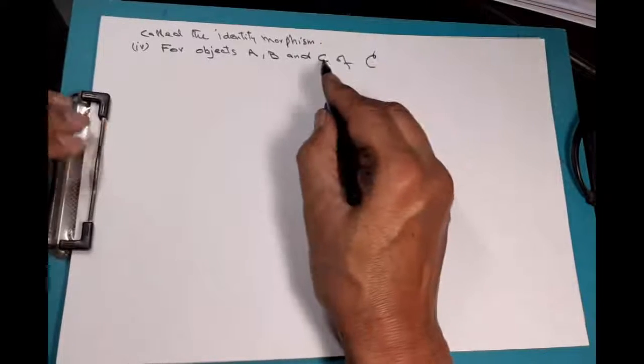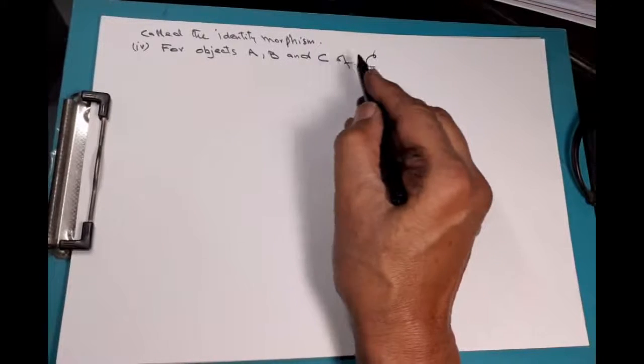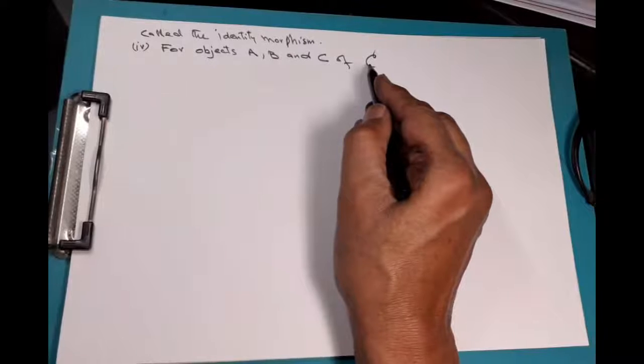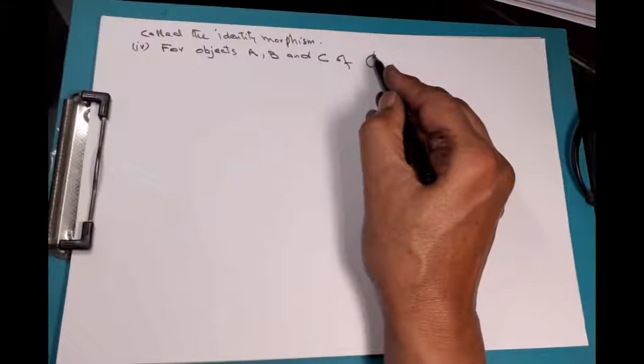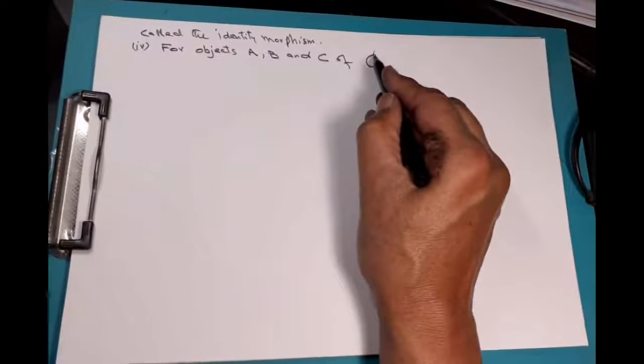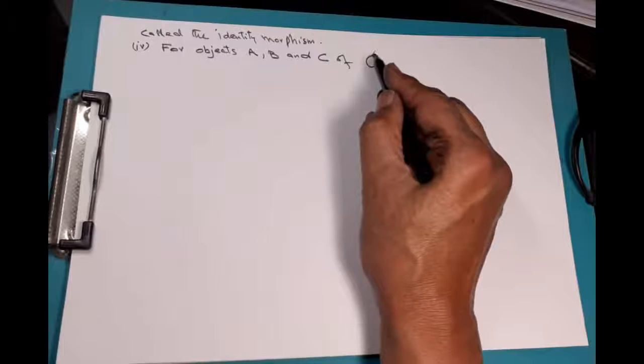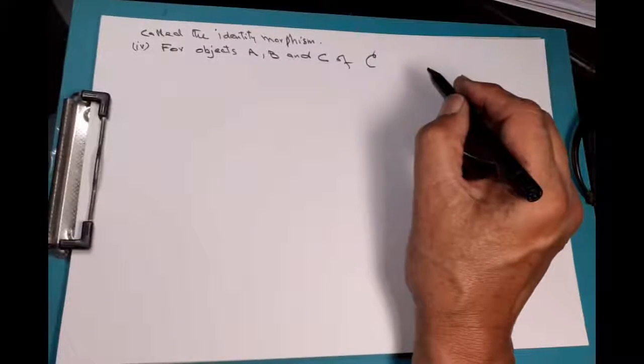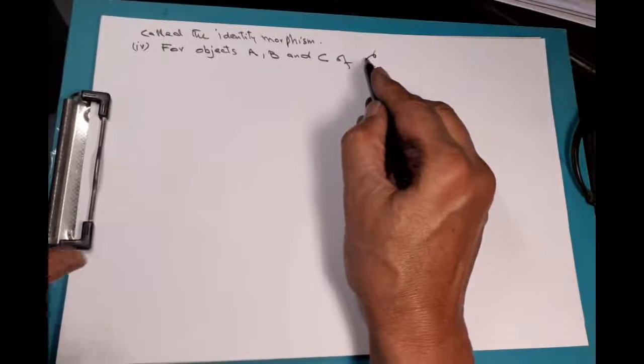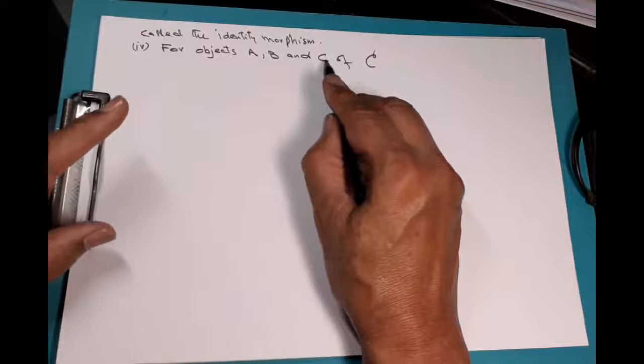We are using C for object and C for category. For this reason, we are simply using this particular extension on C so that we can recognize that this is category and this is object of the category.